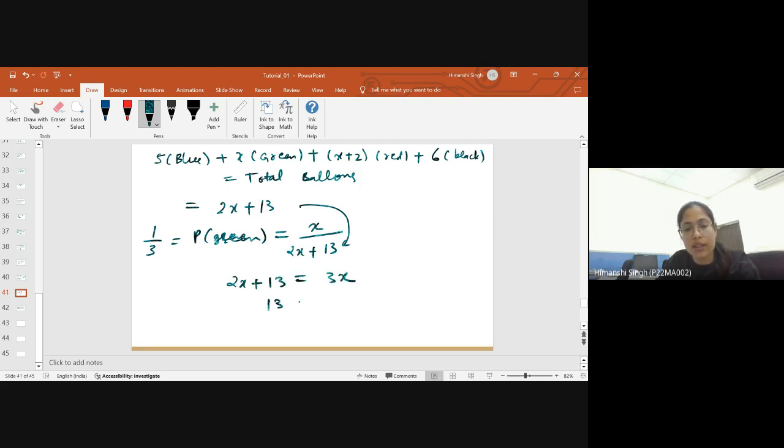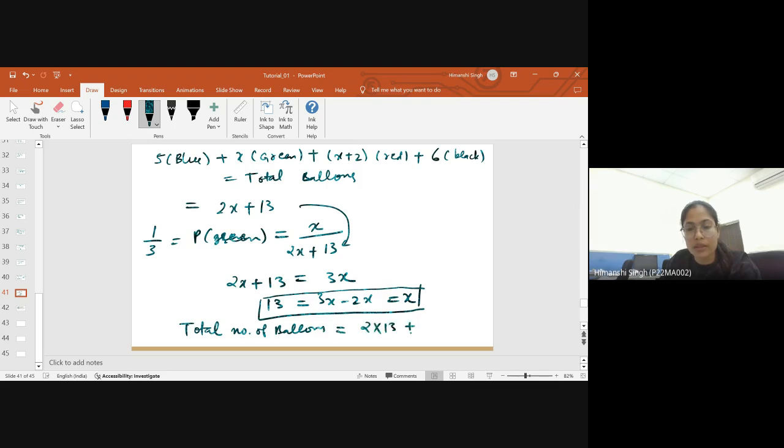So 13 is equal to 3x minus 2x, so it will be x. So the value of x is 13. So basically we are getting that the number of green balloons is 13. So the total number of balloons will be 2 into 13 plus 13. So it is 39.